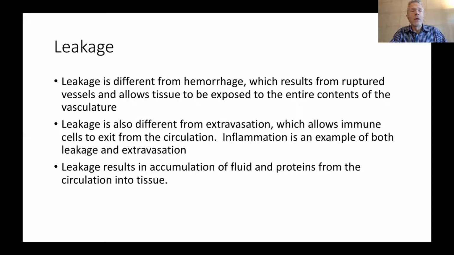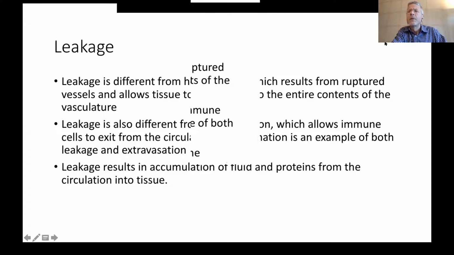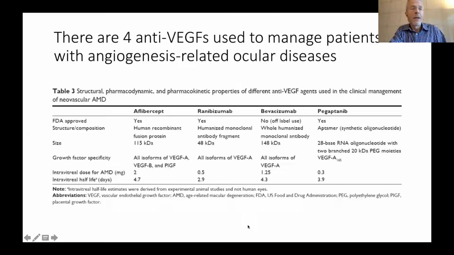Leakage is also different from extravasation, which allows immune cells to exit from the circulation. Inflammation is an example of both leakage and extravasation. Leakage results in accumulation of fluid and proteins from the circulation into the tissue.